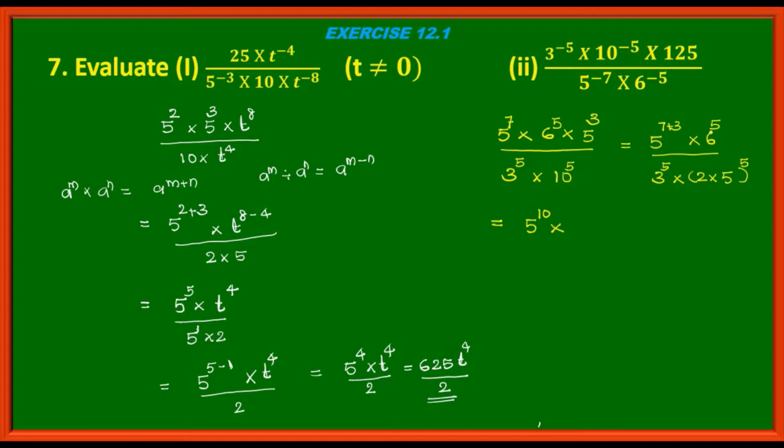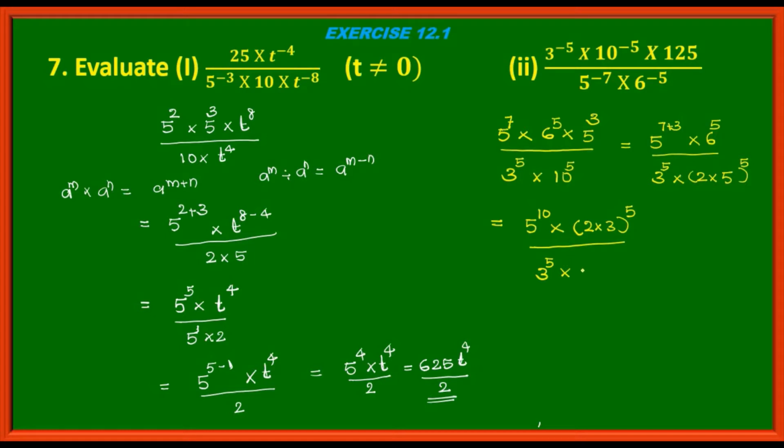Then this 6 raised to 5 we can write as 2 into 3. Instead of 6 it becomes 2 into 3 whole raised to 5, whole divided by 3 raised to 5 into 2 into 5 raised to 5.